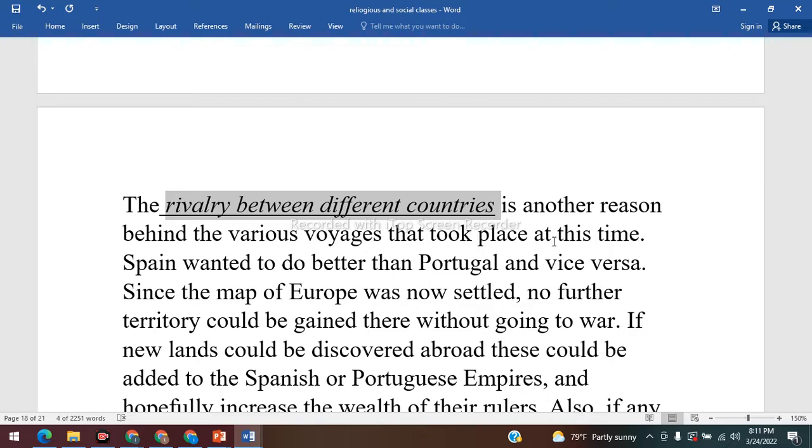Now they had a problem because the territory that was around them was already settled. It's like you and your neighbor have competition with each other, but you already know that there's a fence between y'all.